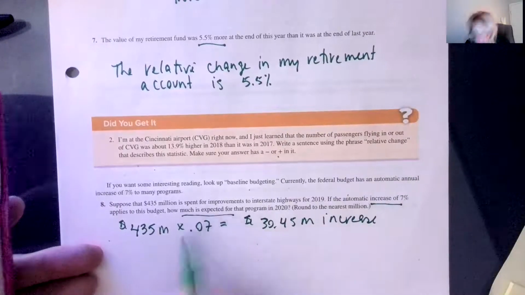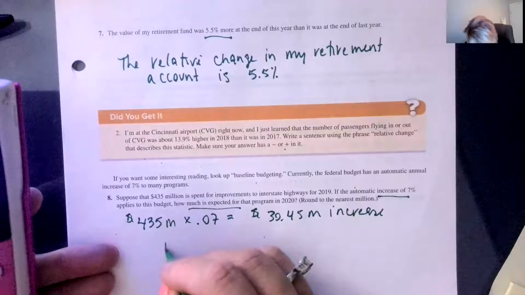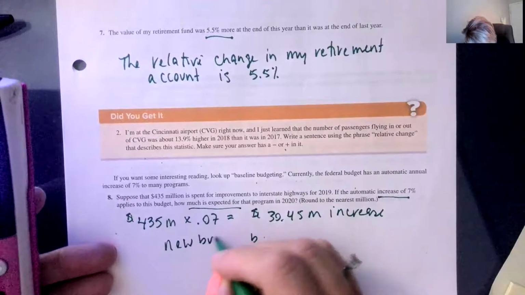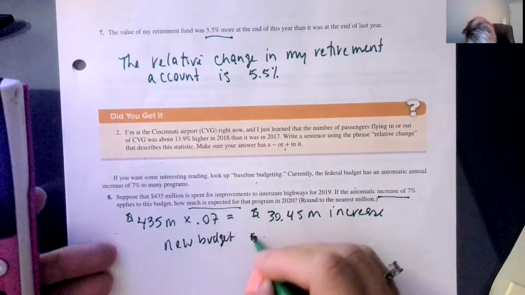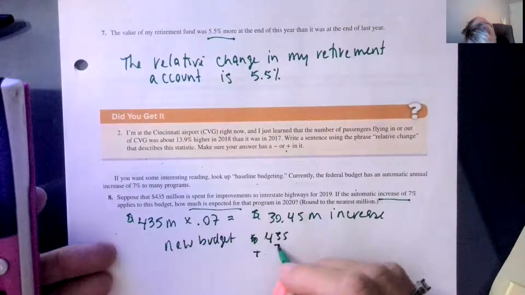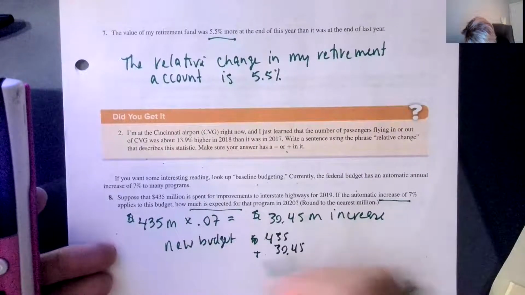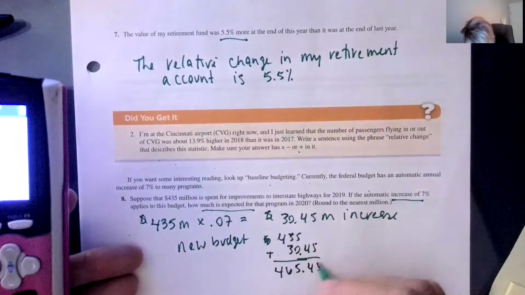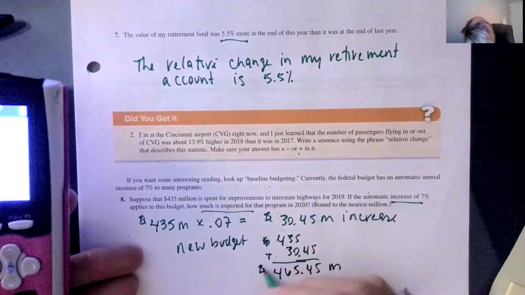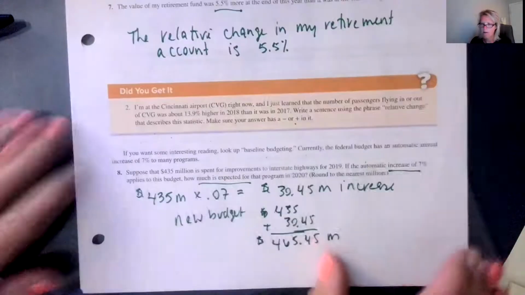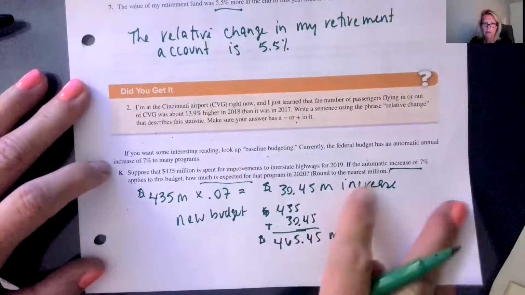So that means we have to add it to the 435 million. That is 465.45 million. Okay, so that's our increase, and when we add it, this is our new budget.